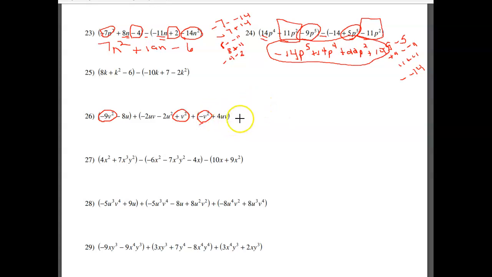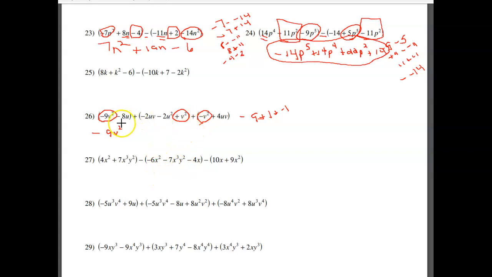Okay, so that would be negative 9 plus a positive 1 plus a negative 1. So negative 9 plus 1 plus a negative 1 would be a negative 9. And again, the v squared is just going to stay like it is. I'm not going to change the exponents.